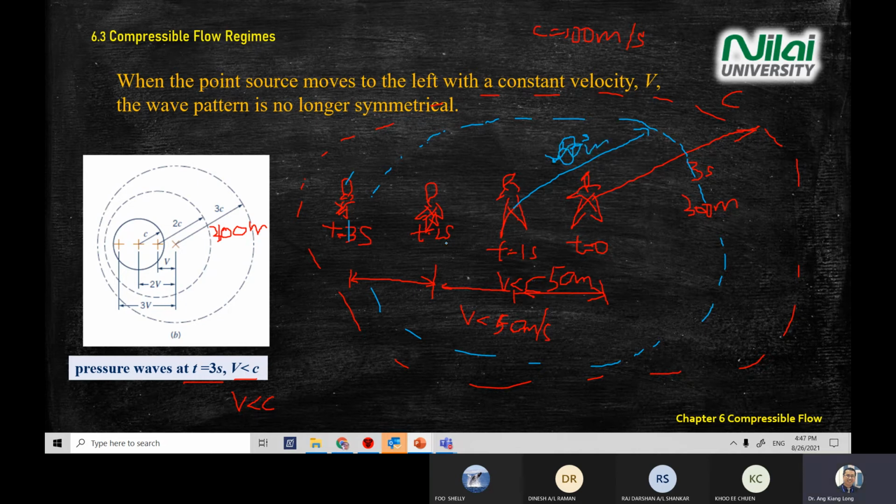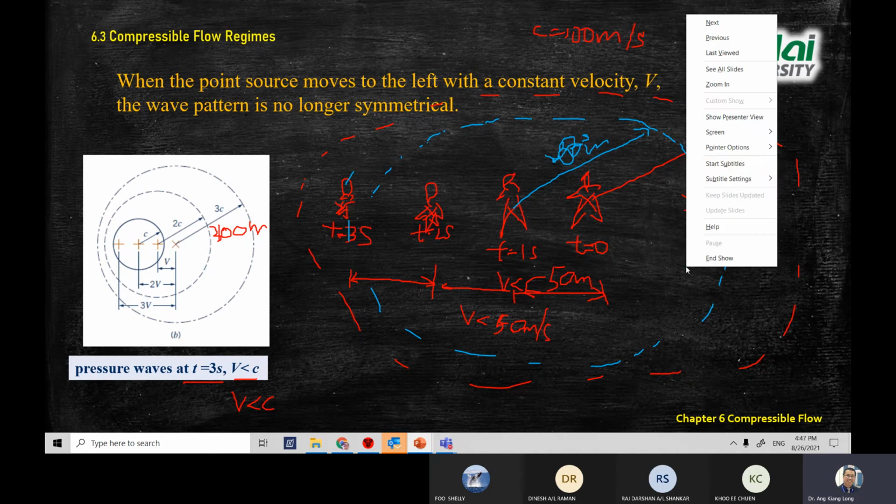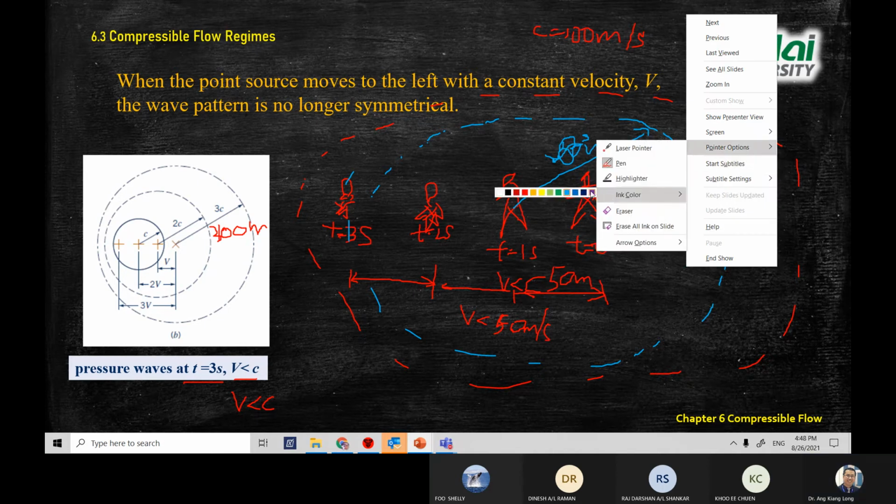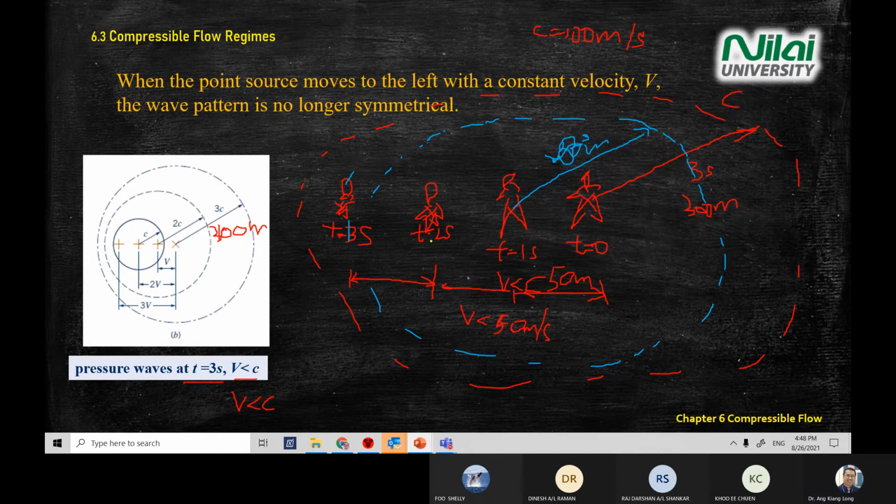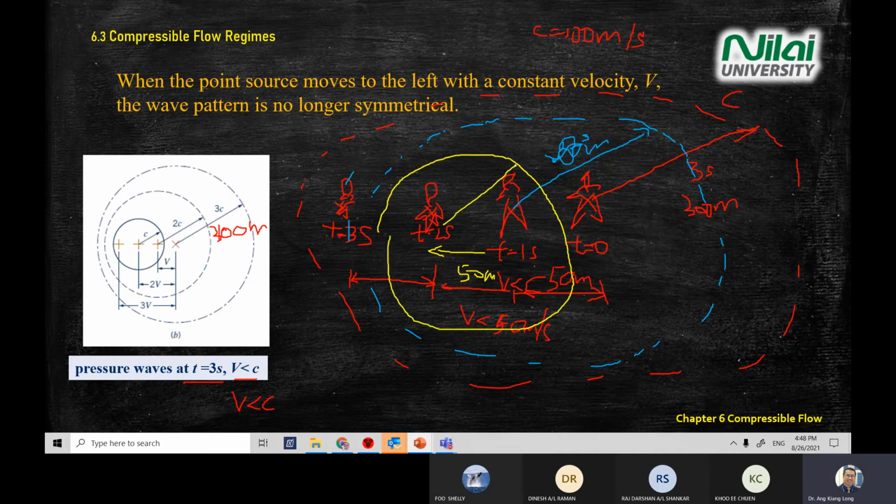Okay, then at the next second, let's see, I change to, so from here to here, you move another 50 meters. All right, so from here, you generate another sound again. So this sound is another 1 second.